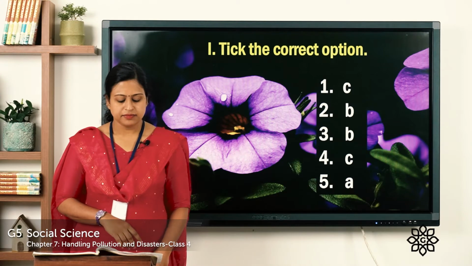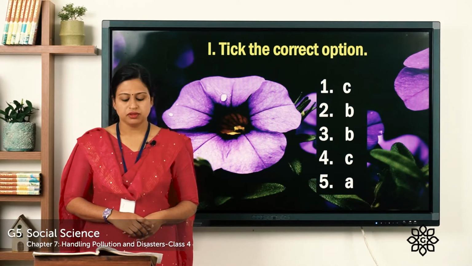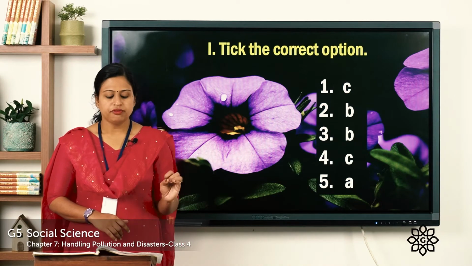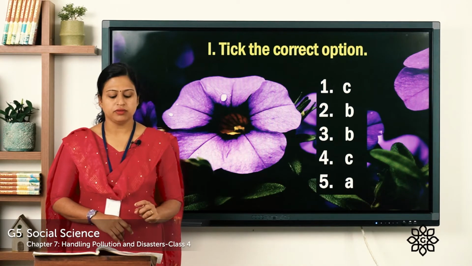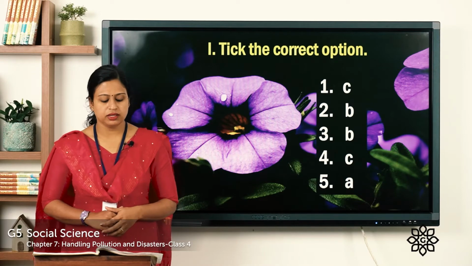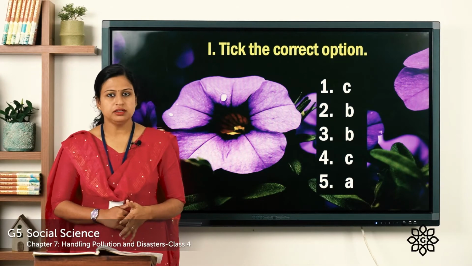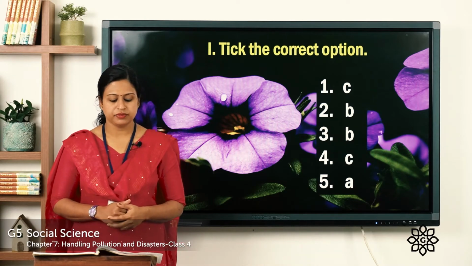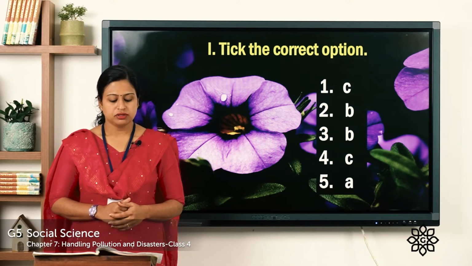Second exercise is match the following. So here on one side you can see first one, flood, tsunami, cyclone. Second, earthquake. Third, faulty electrical wiring, gas and stove explosions. Fourth, torch, first aid kit, knife.